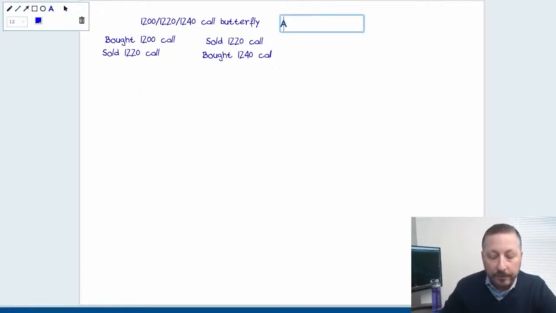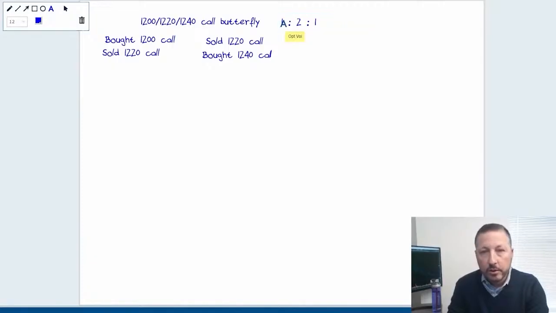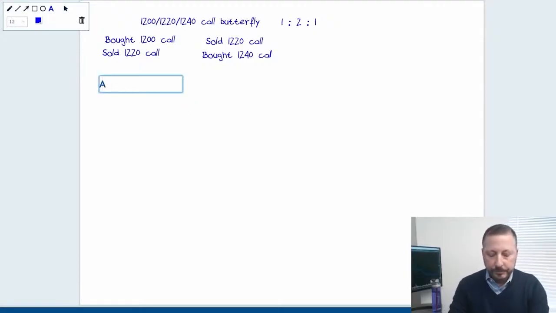Remember, a butterfly is always done in a 1 to 2 to 1 ratio. That's so we have an even number of long options that we bought and short options that we have sold. This way we can always identify what our maximum exposure is. So let's go through a couple scenarios.